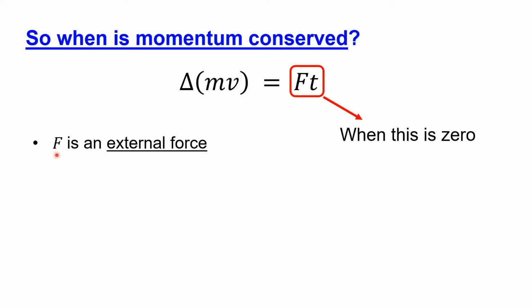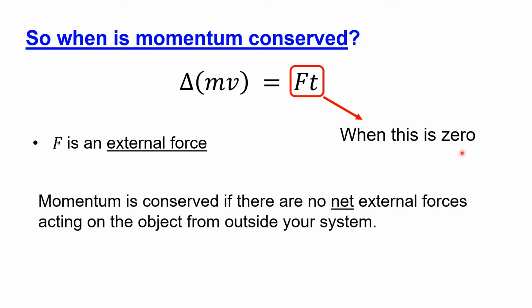Let's go back to this slide. So remember, we needed this quantity over here to be zero to have conservation of momentum. So what we can really say then is that momentum is conserved if there are no net external forces acting on the object from outside your system.